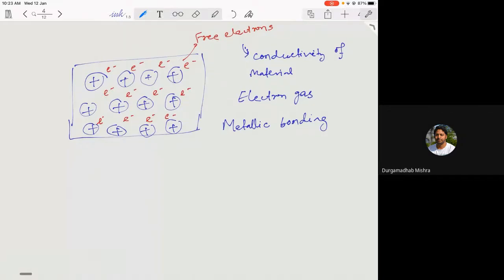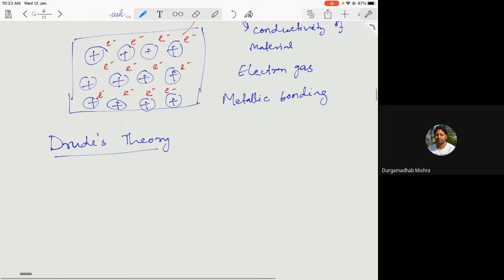This conductivity can be understood using a model known as Drude's theory. I'm not sure if you know already about it, but I will briefly discuss this Drude's model. Drude's model is based on the kinetic theory of gases, so many concepts are borrowed from there.